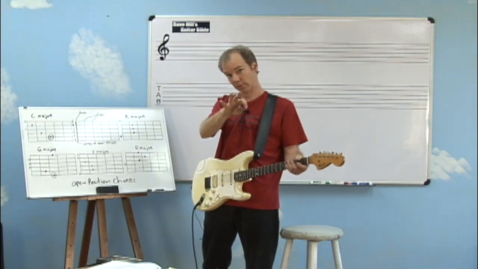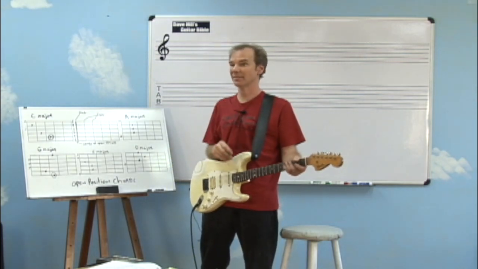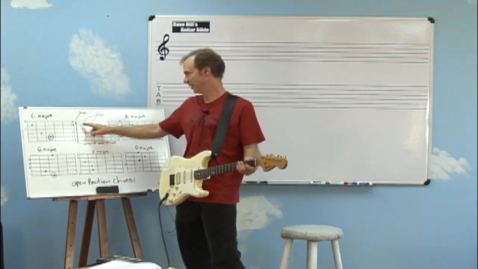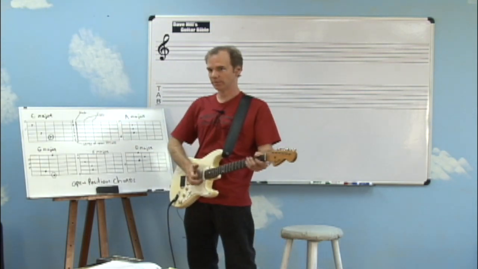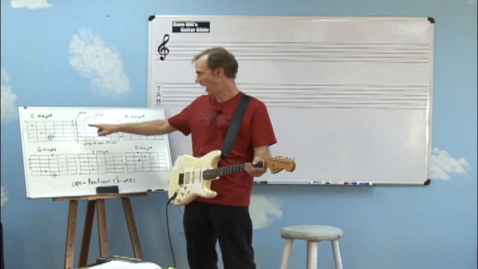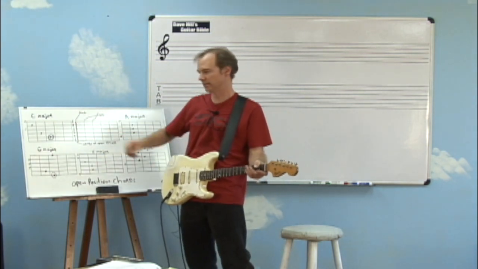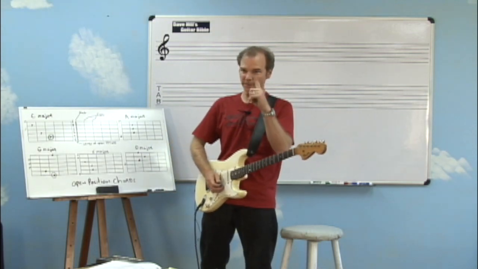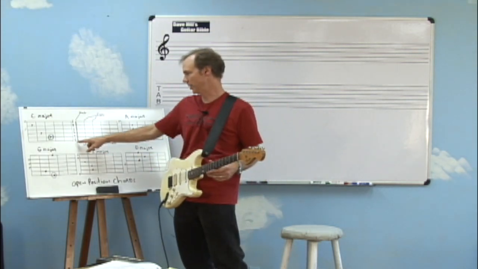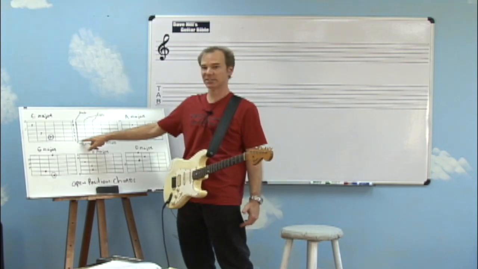Some of you guys and girls might know this at home, but I'm just going to make sure that everybody understands it. First of all, the names of the notes referring to the strings, the open strings: the high E, the highest string or the thinnest string, is number 1. That's called the first string. The lowest E is called the 6th string.